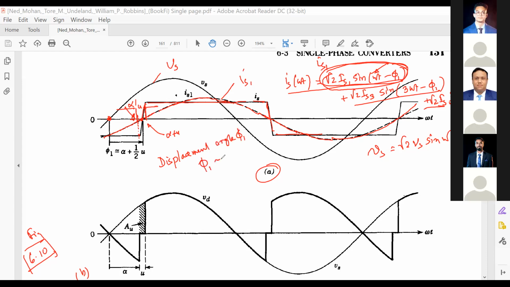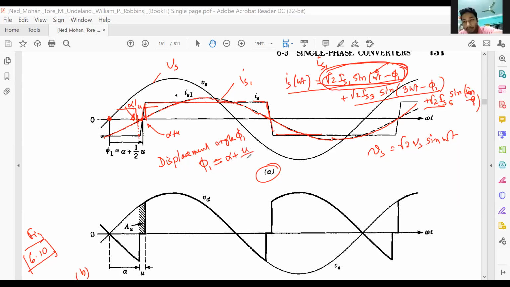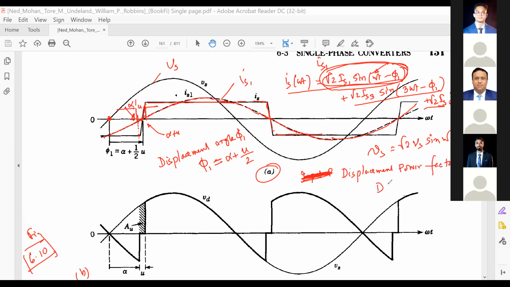So this phi 1 is alpha plus the middle point of U. Displacement power factor, DPF, is cosine of phi 1.